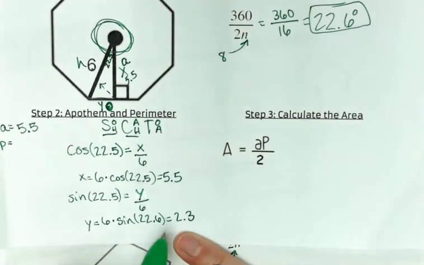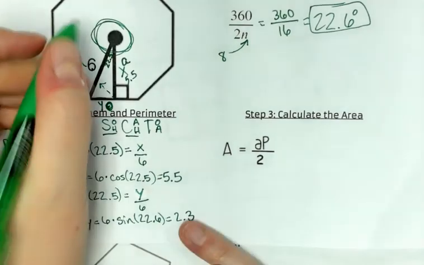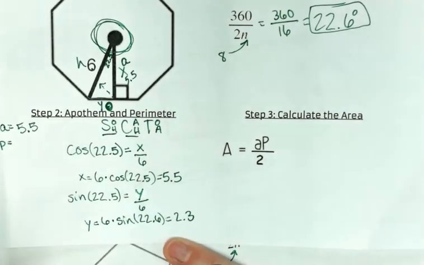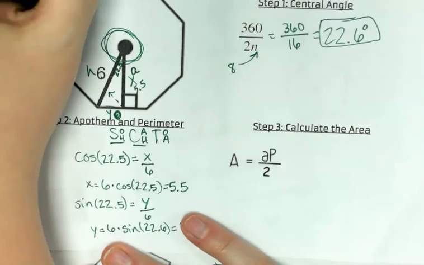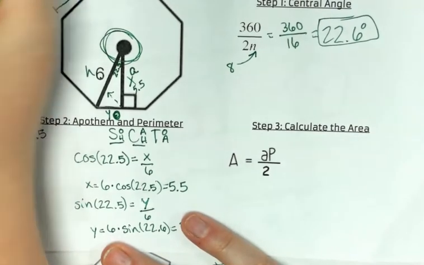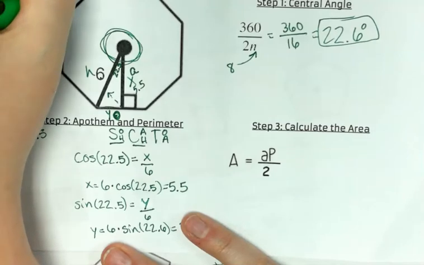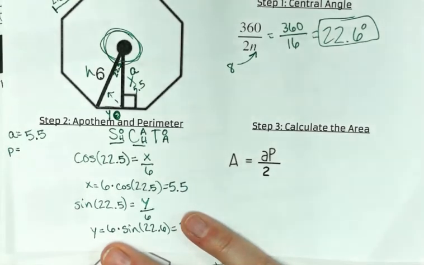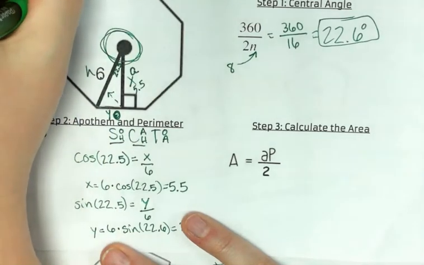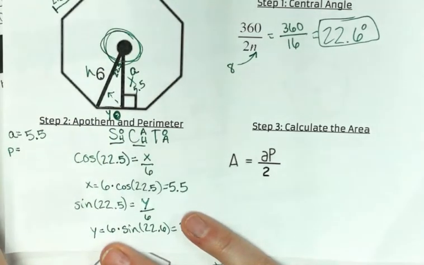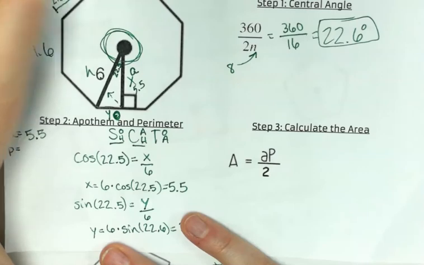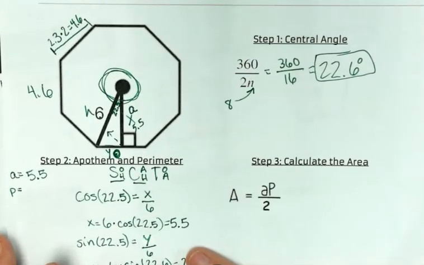Now we can use this number to find the perimeter. But remember, if y equals 2.3, then this whole side right here is going to be 2.3 times 2 for 4.6. All right, so 4.6 is one of your side lengths.